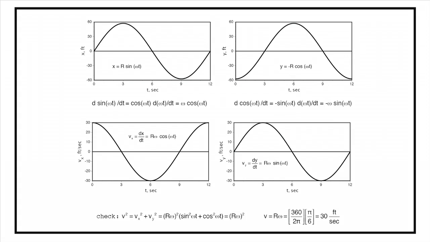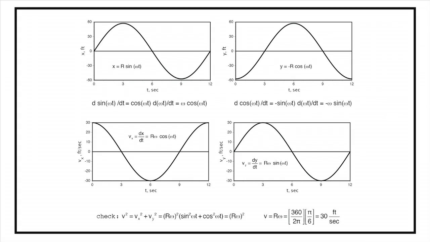And I picked this sinusoidal thing because sines and cosines you can look up in pretty much any handbook of mathematics and get what the derivative of the sine and the derivative of the cosine are. And they're very simple expressions. So for example, the derivative of the sine of omega t with respect to t is equal to the cosine of omega t times the derivative of omega t with respect to t.